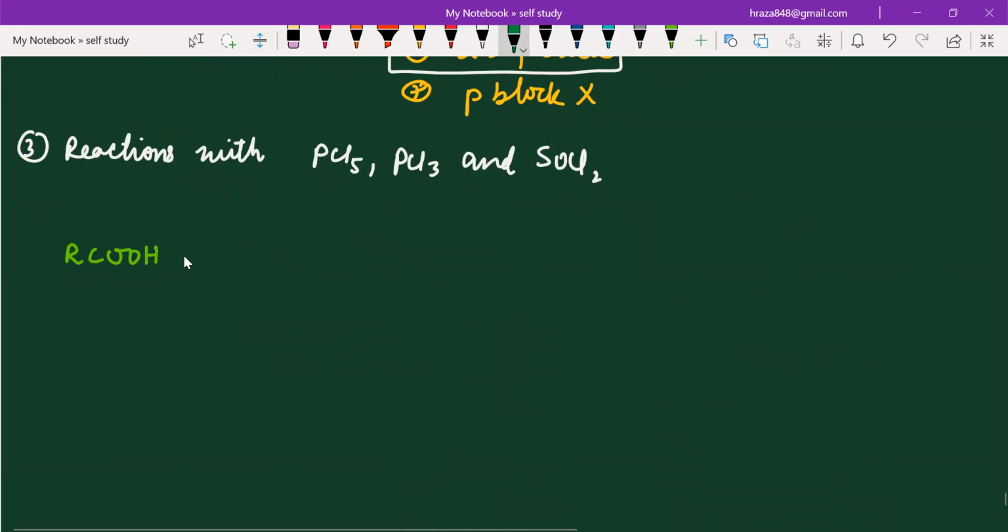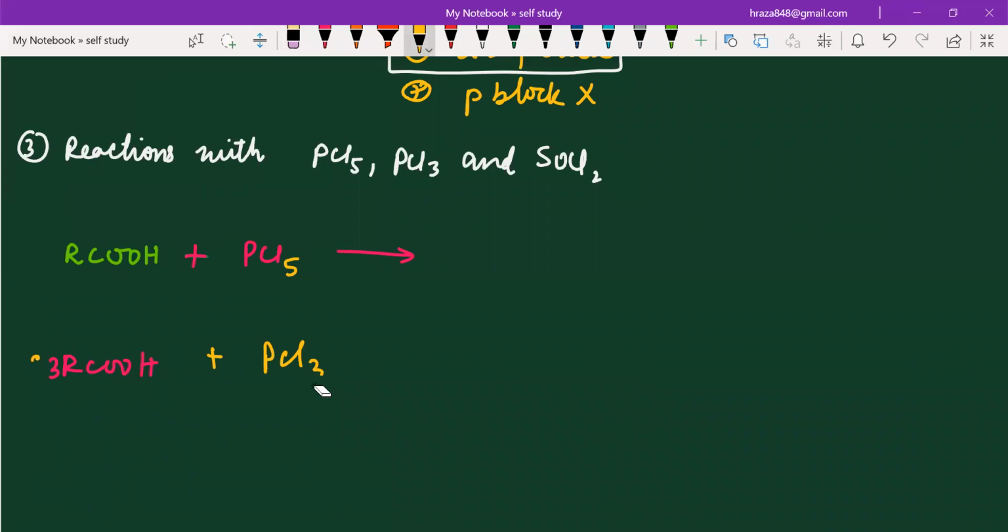So this RC double bond OH is going to react with PCl5 first, because with PCl3 we are going to take 3 moles, and then with SOCl2. It's very easy. The reaction is also given in inorganic chemistry, that is P block.